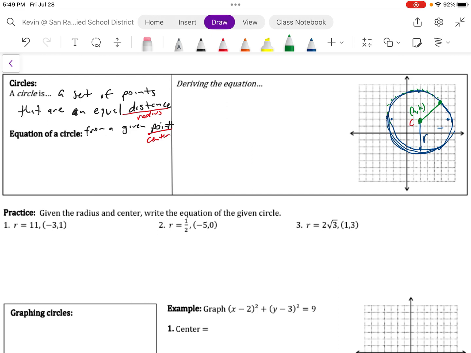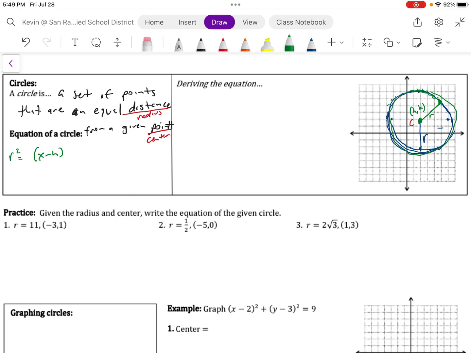So the equation of a circle is going to be r squared, the radius, that distance, equals, because it's a distance, x minus h, where x can be any x along this circle, any one of these points.